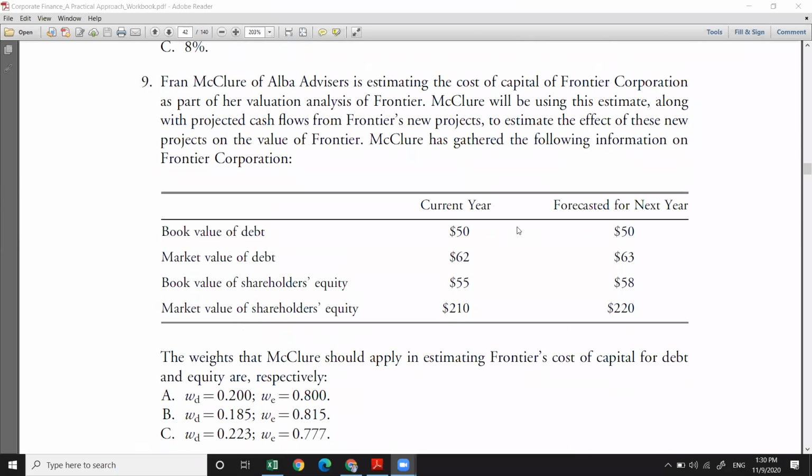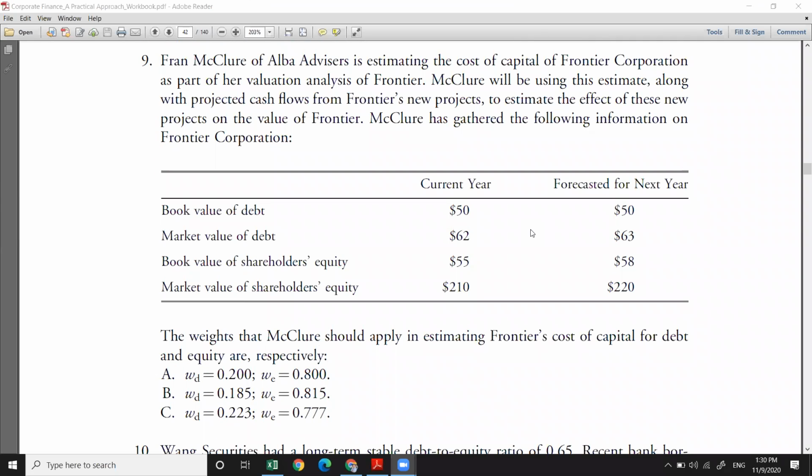Question 9. I'm not going to read this question, but just go directly to the numbers. So book value of the debt, market value of the debt, book value of shareholders' equity, and market value of shareholders' equity. You're asked to calculate the weights McClure should apply in estimating the cost of capital for debt and equity respectively.